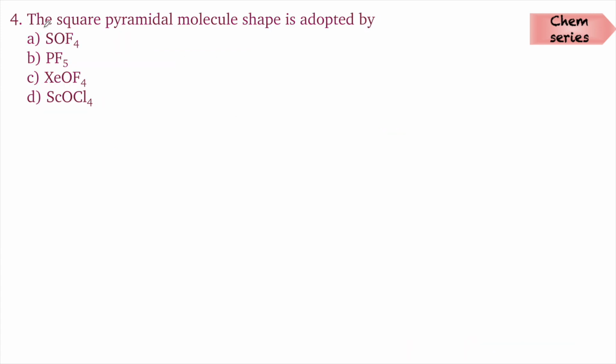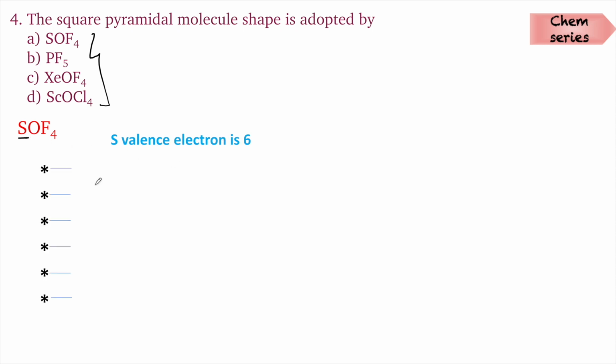So coming to fourth question, the square pyramidal molecule shape is adopted by, so they have given 4 molecules, and we have to find out which molecule has square pyramidal shape. So first we will take SOF4. Here the central atom will be sulfur and its valence electron is 6.